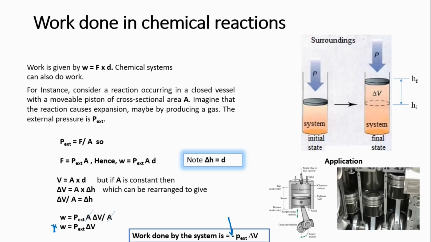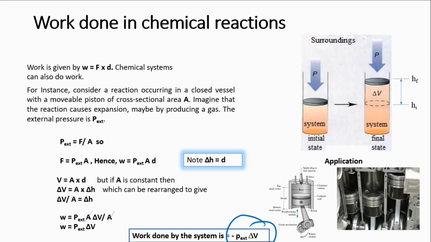If we are wrong in applying this formula and work was actually done on the system, then the sign will correct itself. You don't have to worry about it. So the work done by the system is equal to minus P delta V. Here it is.